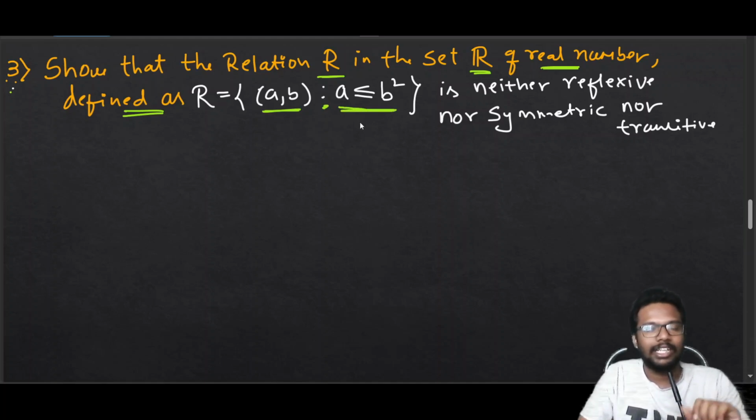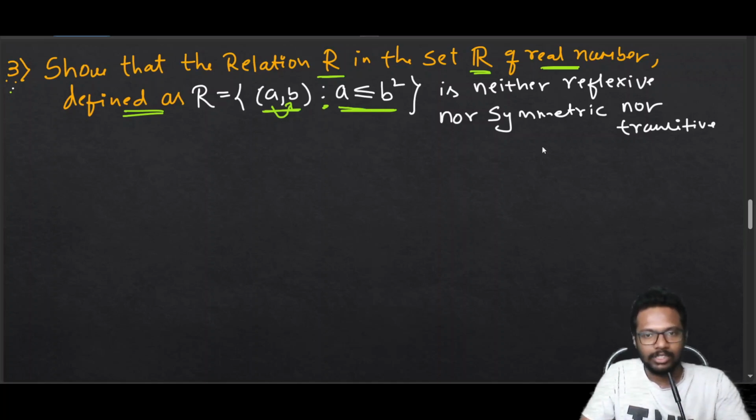So this is the relation. If you want to say a is related to b, then a should be less than or equal to b squared. If you square the b value, then that b squared value should be bigger than or equal to a. That is the meaning.